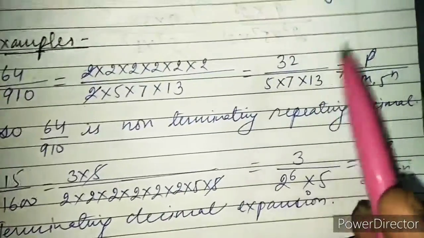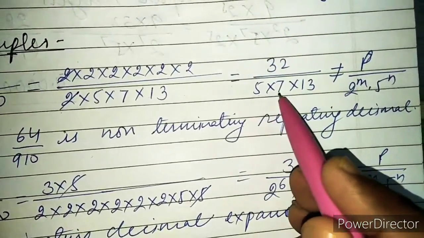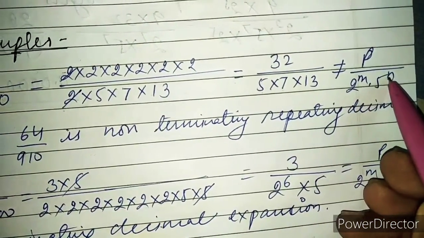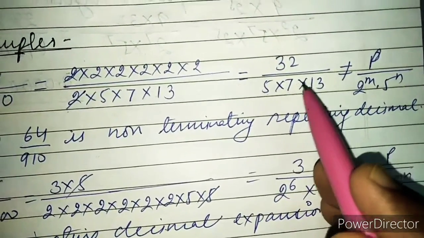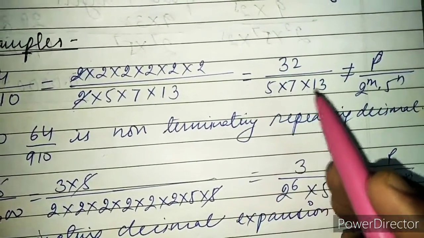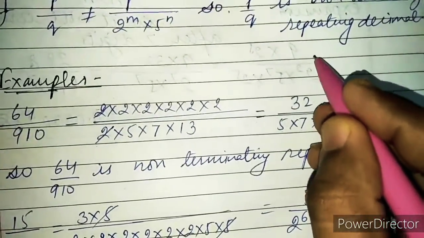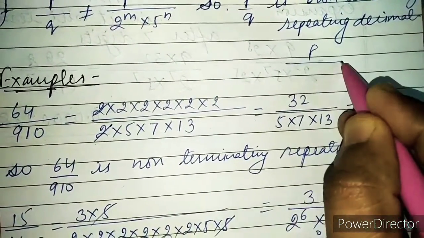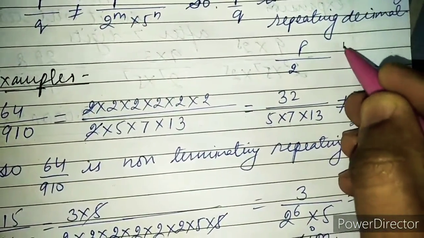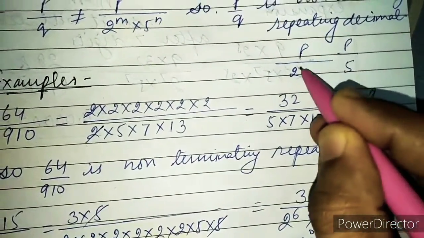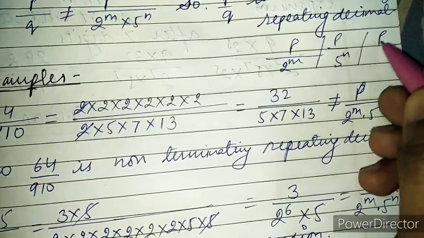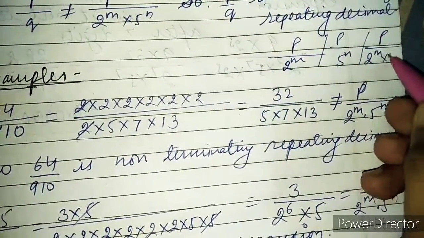You can see here that in the denominator there is 5 into 7 into 13. This is not in the form of 2 to the power m into 5 to the power n. In the numerator, whatever is there doesn't matter, but in the denominator there must be either 2 to the power something or 5 to the power something, or 2 to the power m into 5 to the power n.